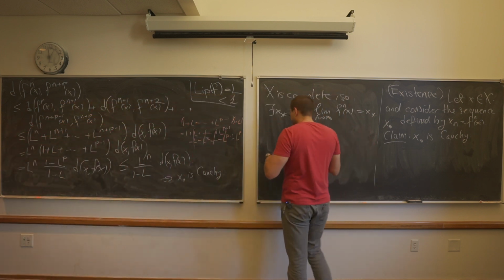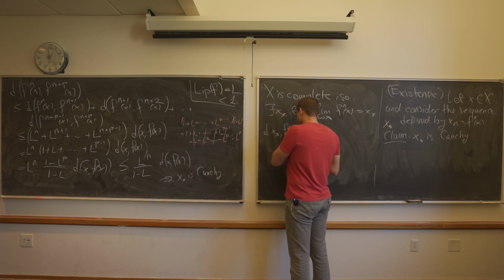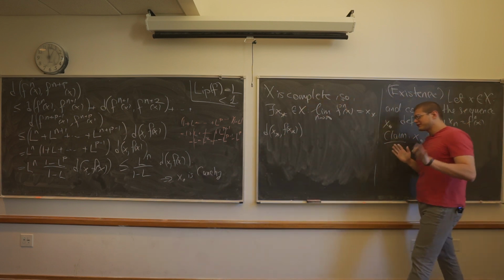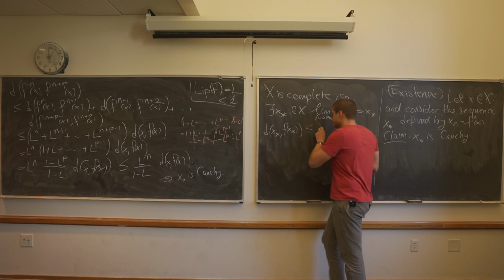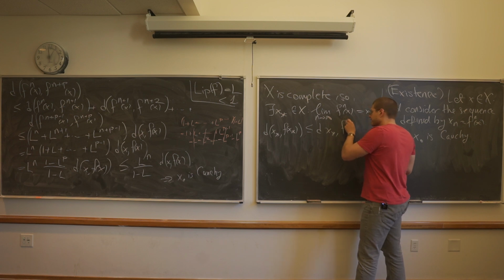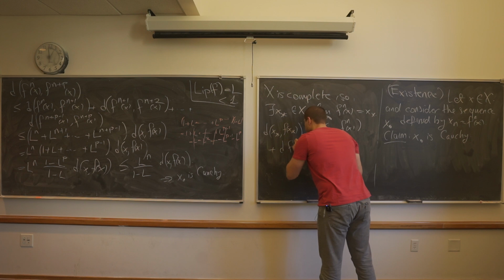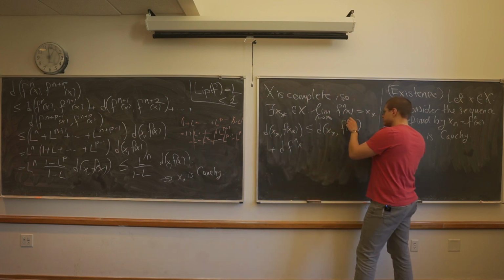Again, I can use the same trick. I can look at the distance between these two and bound it by some number that is very small. So I can inject into this f to the n, plus maybe f to the n plus 1 perhaps.